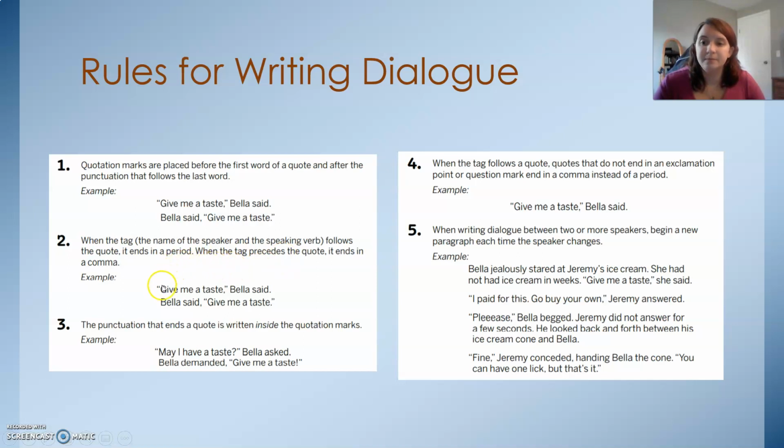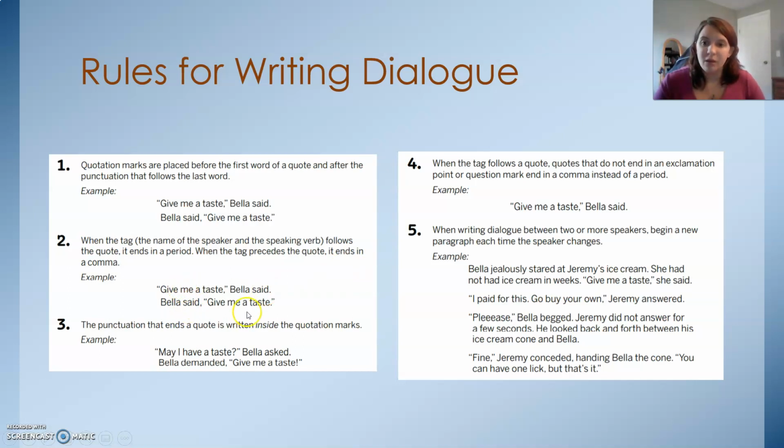What that means is, if you notice here, we have the quote here, but we still have "Bella said," the tag, at the end of the sentence. This whole thing is a complete sentence. In order to make it one complete sentence, we put a comma after the quote. That means that we didn't finish out the sentence. Because remember, period means that's the end of the sentence. But adding the "Bella said" part is the tag. So that's really important. We keep that in that part of the sentence.